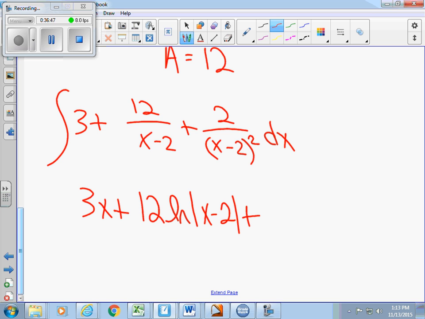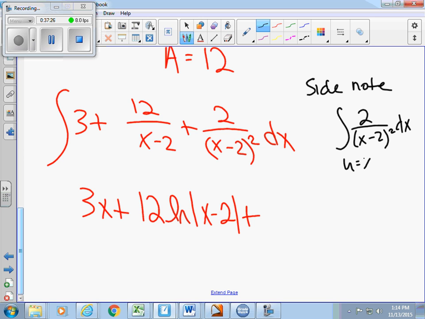What in the world is the antiderivative of that? How do you do it? So pretend this was on your own over here, but we'll do it. du would be 1 dx.